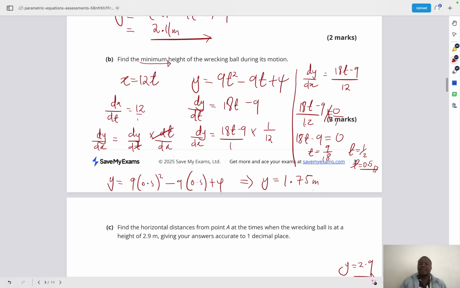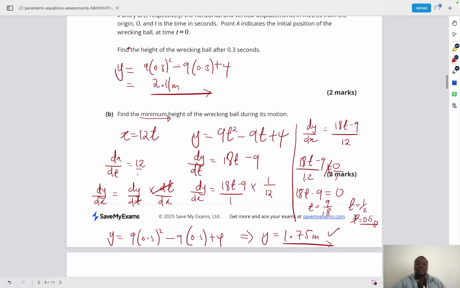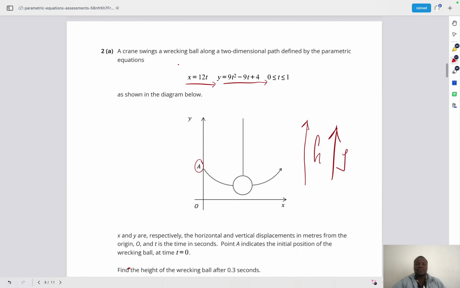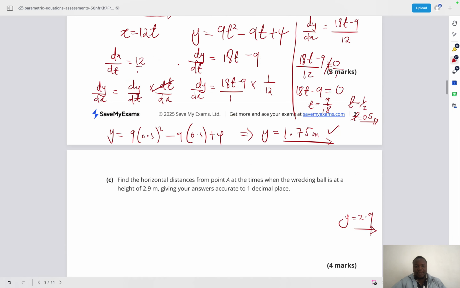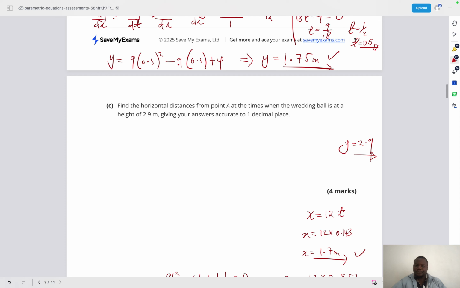So the minimum height of this wrecking ball after 0.5 seconds is 1.75. That's the answer to B. The key thing was knowing that when they say minimum height, the minimum or the maximum of a curve is found at the turning point. So this was a very good question as well, just applying parametric equations there.